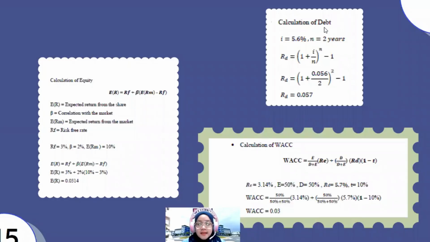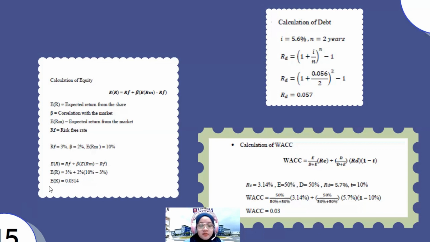Calculation of debt: interest 5.6% with 2 years of loan duration, and we got RD 0.057. For calculation of equity, we use this formula. RF, which is the risk-free rate, is 3%, correlation with the market 2%, and lastly, expected return from the market 10%.